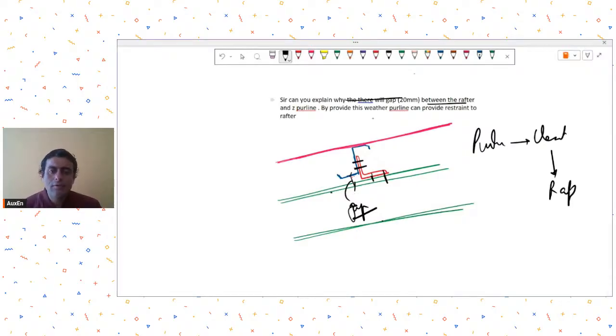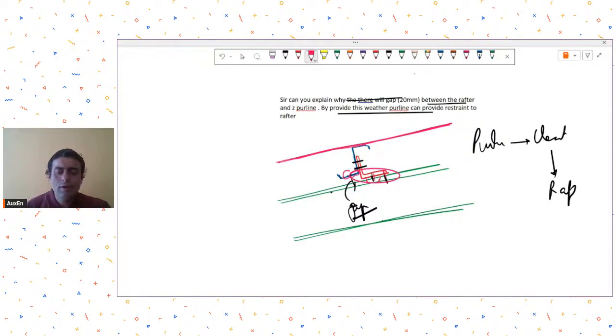Second question is whether, by providing this, the purlin can provide restraint to the rafter. Very good. So he is asking, if this purlin is hanging in the air, can I assume that this purlin is providing restraint? Yes, you can still assume, because this cleat is still connected to the rafter.